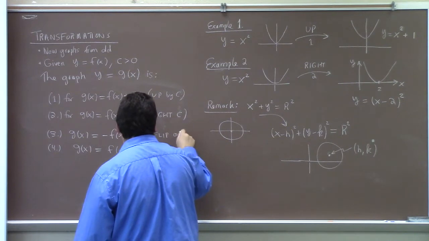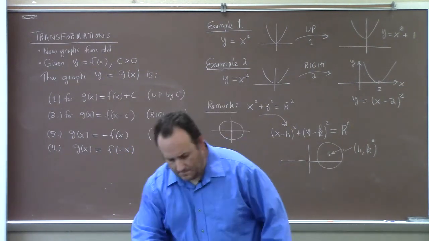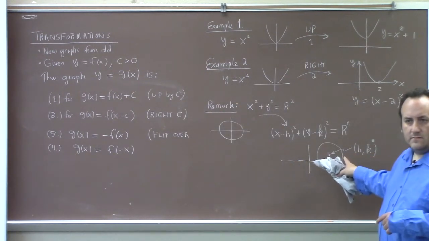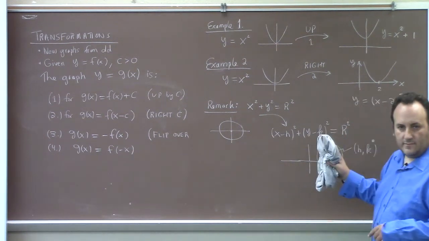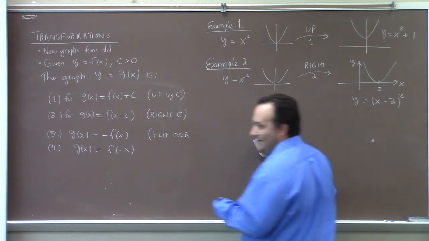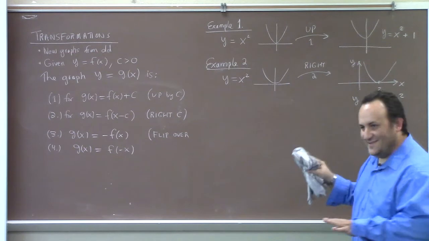Flip over what? Can I erase this now? Okay. Every so often, I've got a student who is 5 minutes behind me in lecture, so I've got to be careful.